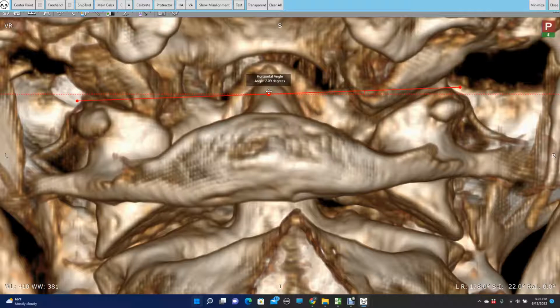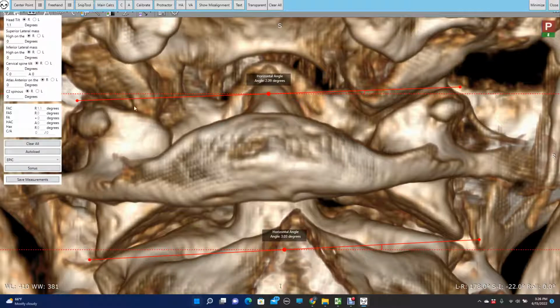So that's going to be the tilt of her atlas on the superior lateral mass. We can do the same thing for her inferior lateral mass. Let's start moving that up and tilting it into position using the arrow keys, right and left. And that is what I am measuring for her inferior lateral mass.